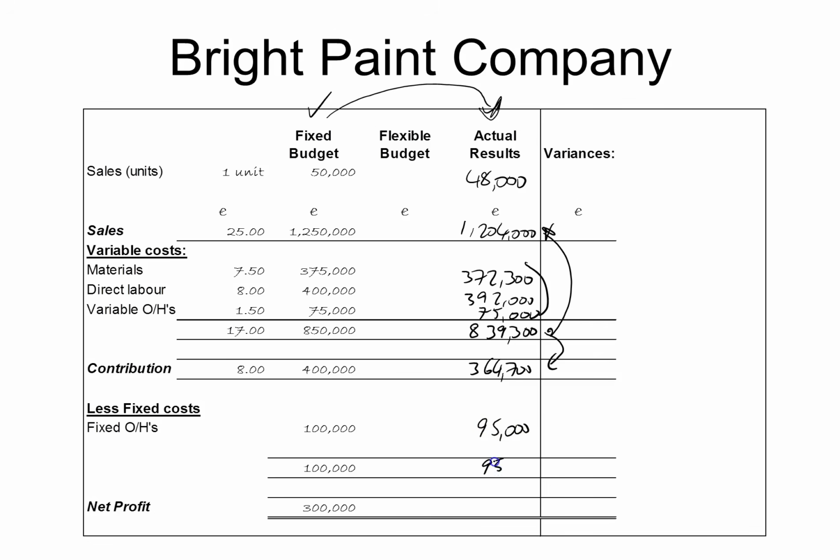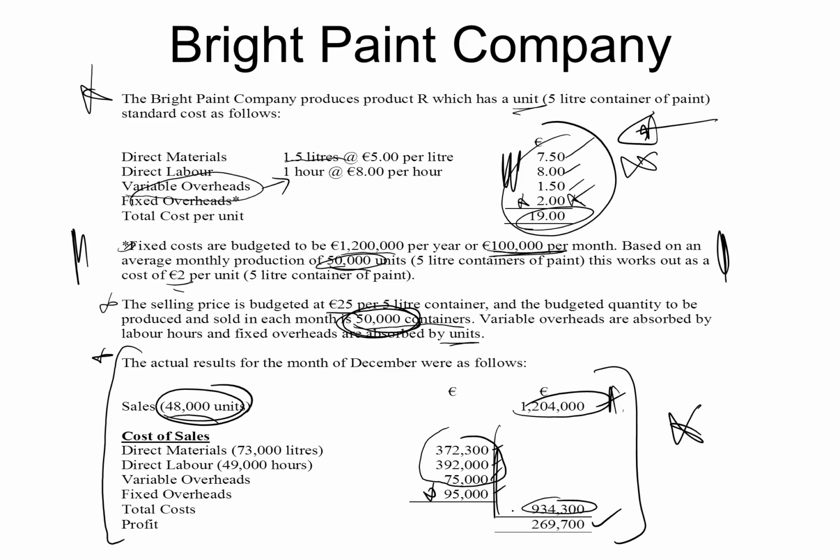So I'll just put that in my total row here. So contribution minus my fixed costs gives me my actual profit of 269,700. Of course, that's what it had to be, because if I just turn back to the question here, we can see we're given the profit figure.